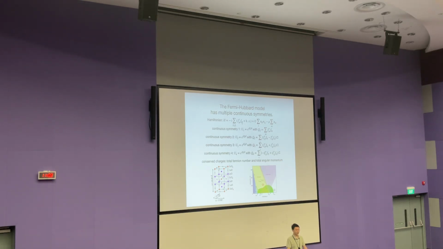Here, i and j are the indices of the sites, and sigma being up or down represents the 2 spin components. So here, this hopping doesn't change the spin. Spin up hops to a spin up fermion in the nearby site, and spin down becomes a spin down fermion in the nearby site. And this interaction takes this particular form.